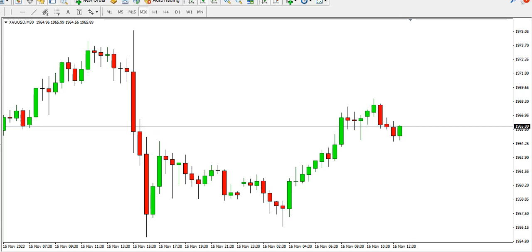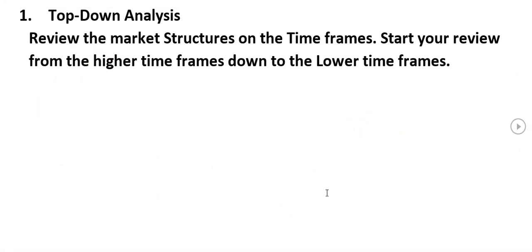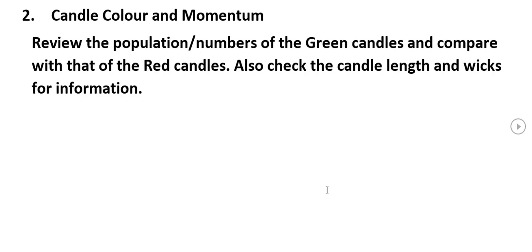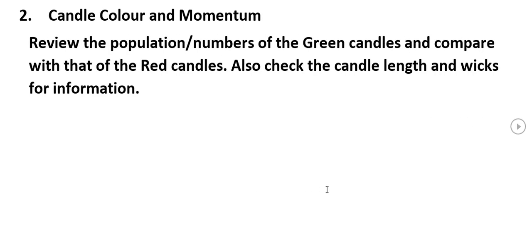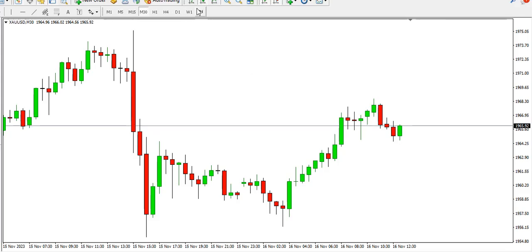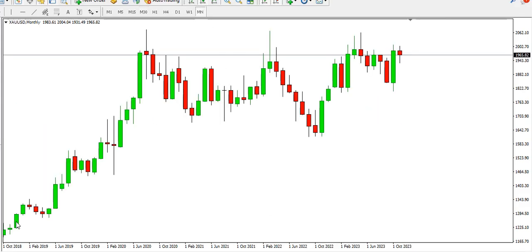The next topic we discussed in the last video is the candle color and momentum, where I spoke about reviewing the number of green candles compared with that of the red candles. Also check the candle length and wicks for information. Looking at the monthly time frame, we have more green candles on this chart compared to the red candles.